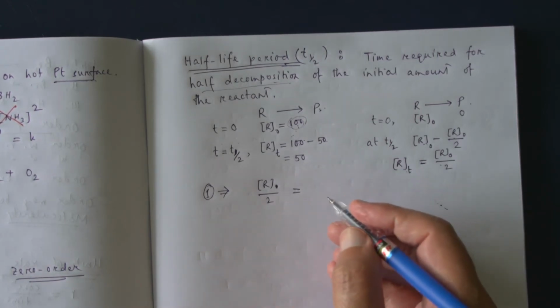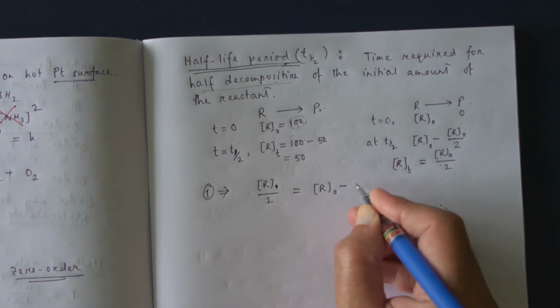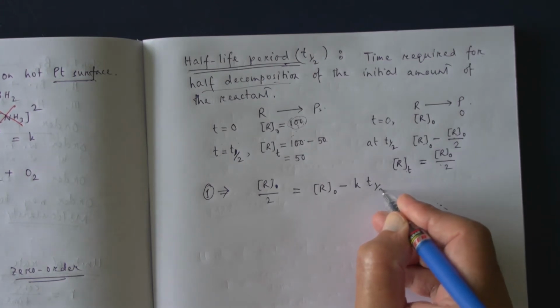This is equal to R naught minus K, and T equal to T half.